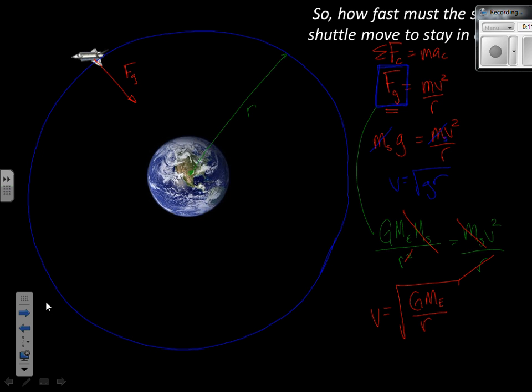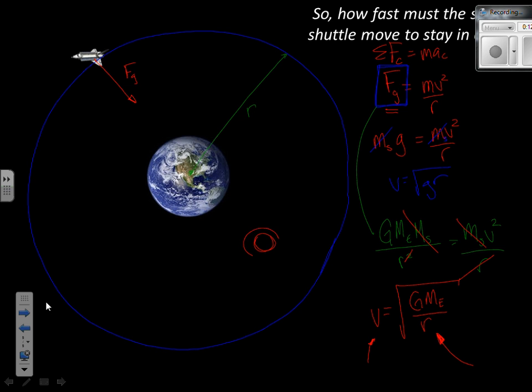Okay? So kind of neat, this says the farther you are away from the Earth, the slower you have to go. Which seems kind of strange. But if you think about planets, think about the sun. Here's the sun.